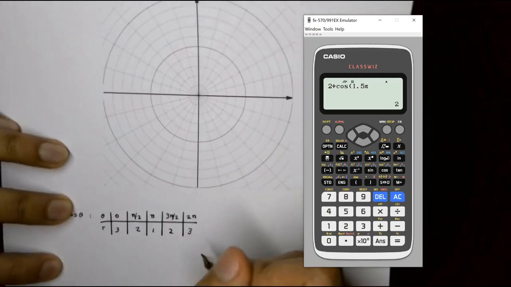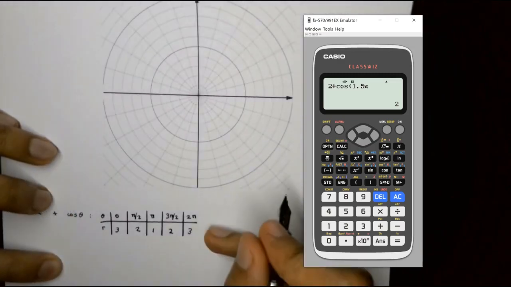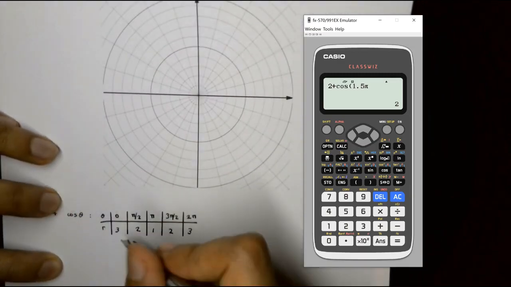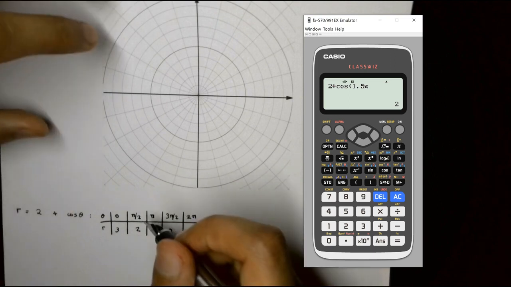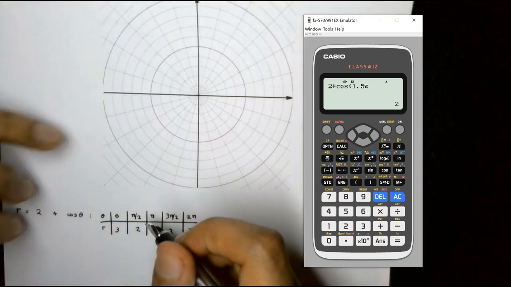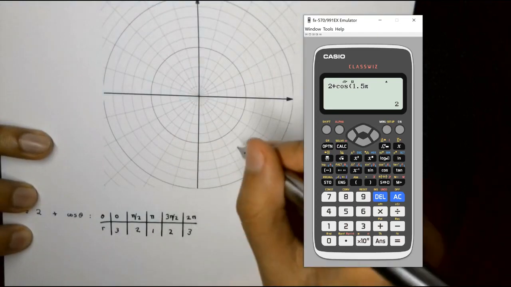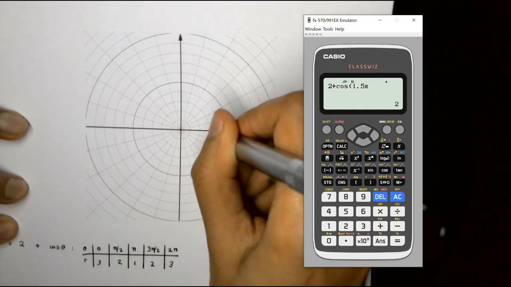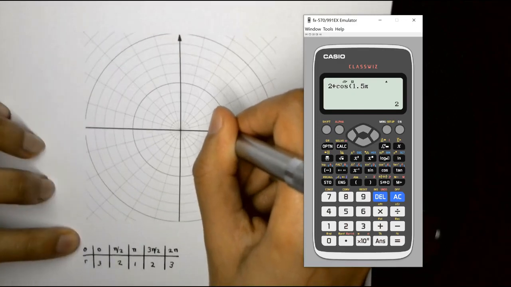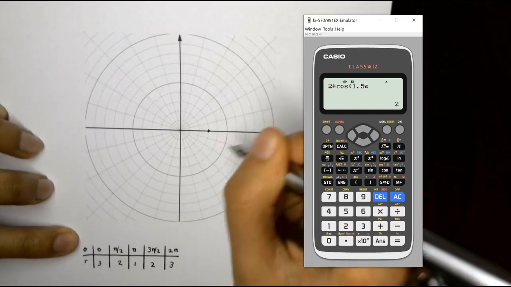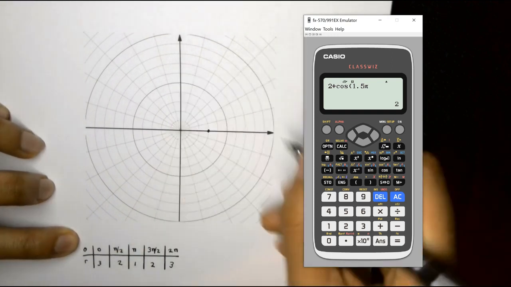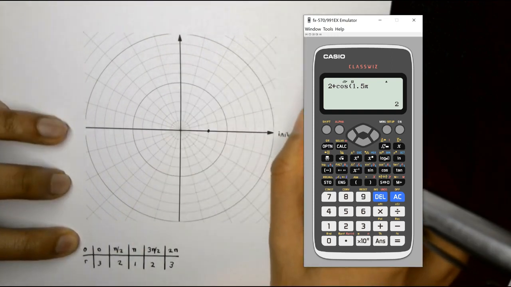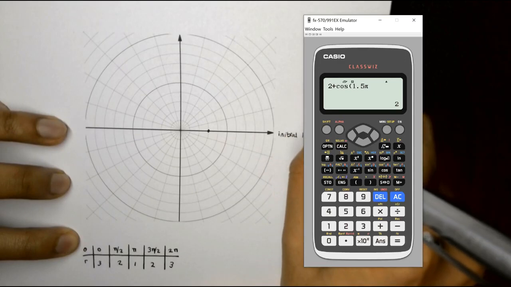So we now need to sketch our polar equation. Let's just plot the points first. We've got 3. That's when theta is equal to 0. Then for pi over 2, so here we've got our initial line.